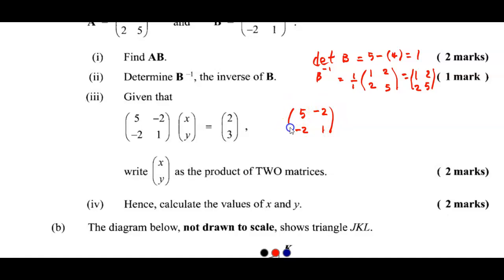So that's the matrix times its inverse, which is 1, 2, 2, 5, times xy, which would equal the inverse, 1, 2, 2, 5, times the right hand side, which is 2, 3.